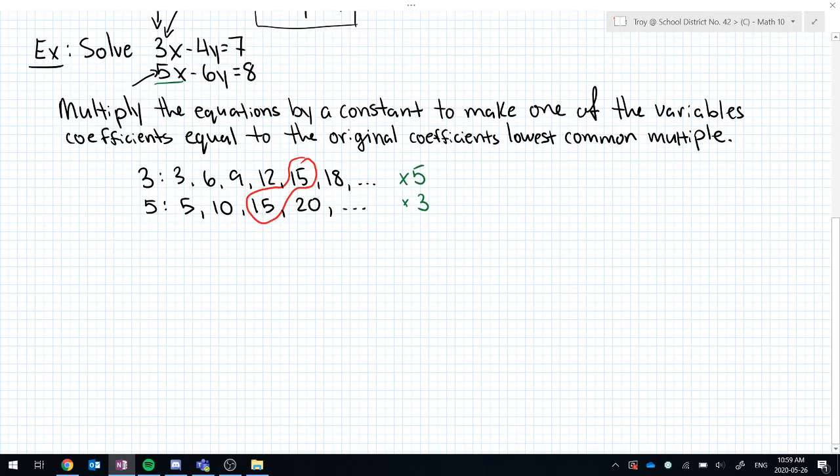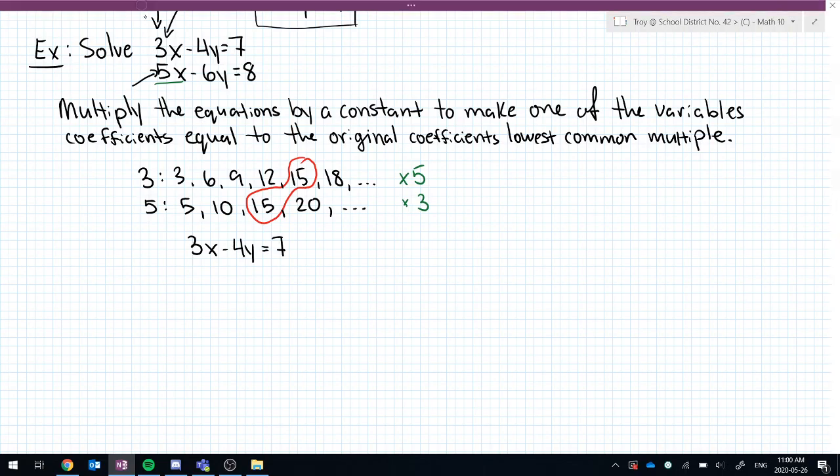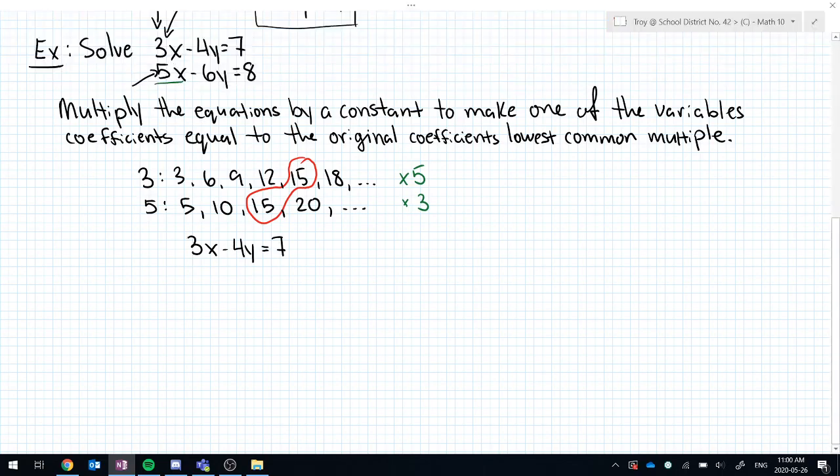Okay, so I'll take the original equations for both. So 3x minus 4y equals 7. And I'm going to multiply the entire thing by 5. So that means I use my distributive property here.